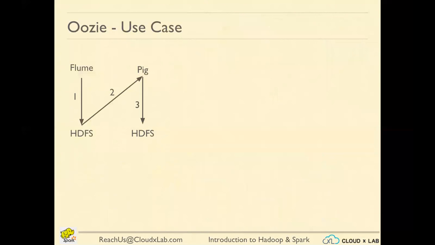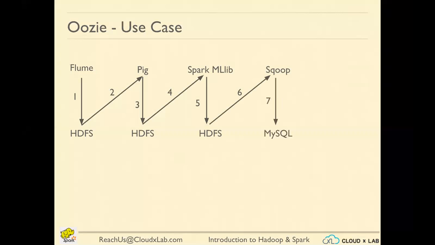Then we push the data back to HDFS. Then we do the processing or prediction, like recommendations, using Spark MLlib. Then we save the results back into HDFS, and then using Sqoop, we send the data to our web server. So this is an example of a typical project.